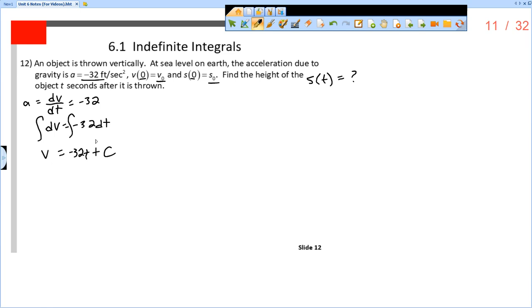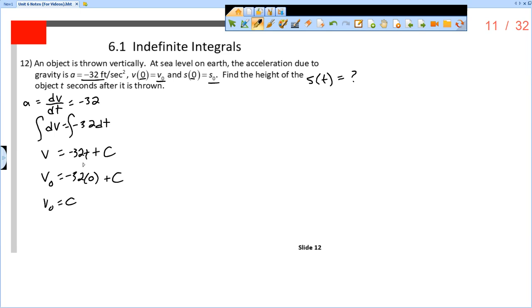The next thing we need to do is recognize that we are given that v of 0 equals v sub 0. So that means that t is 0 and v is v sub 0. So v sub 0 equals negative 32 times t equals 0 plus c. Now c would then equal v sub 0.